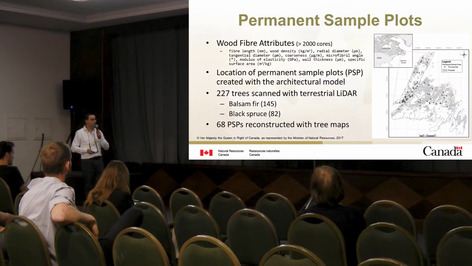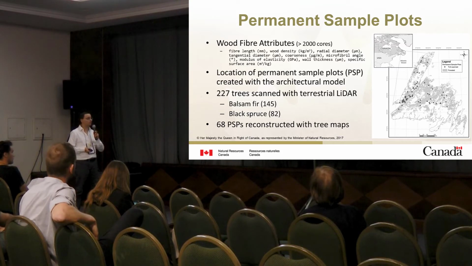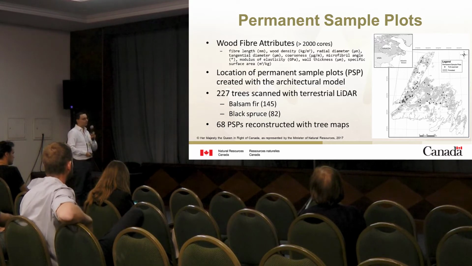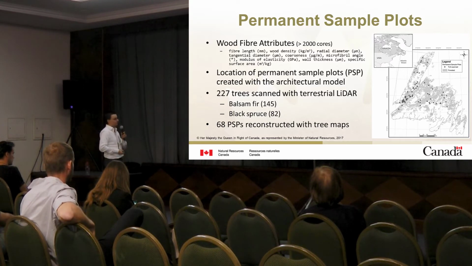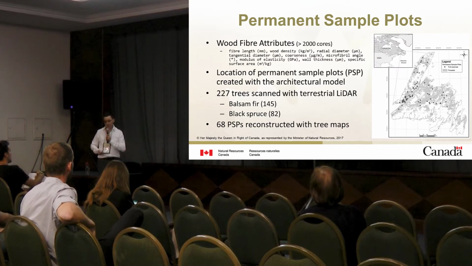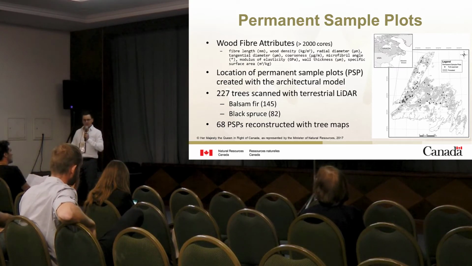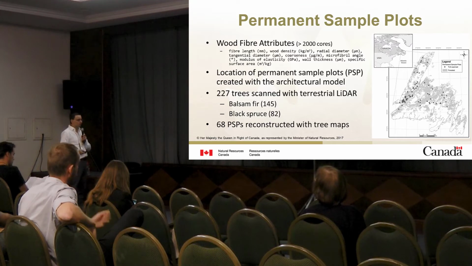All our test sites or experimental sites were located in Newfoundland, the eastern-most province in Canada. So it's dominated by balsam fir and black spruce. Those are permanent sample plots, so you cannot touch them.